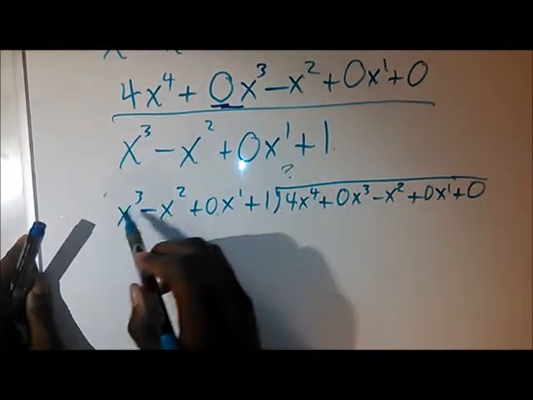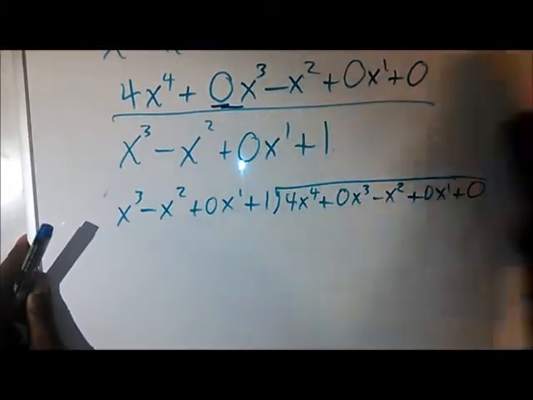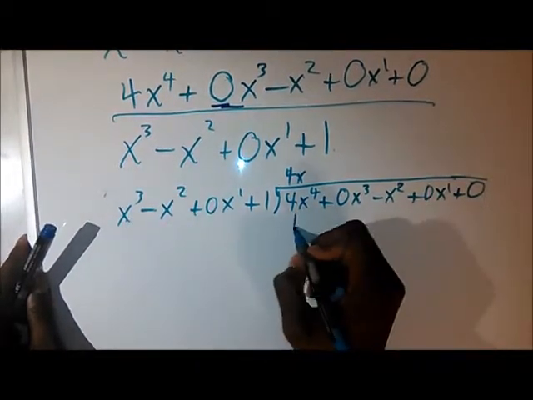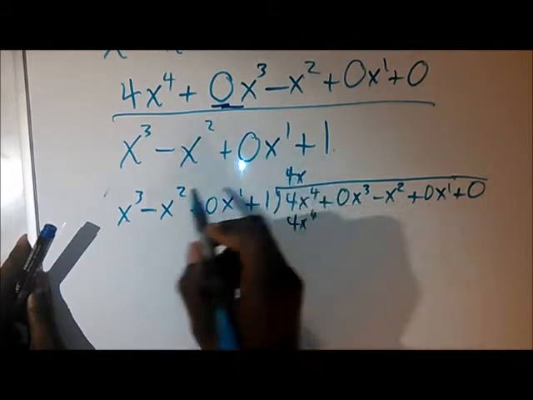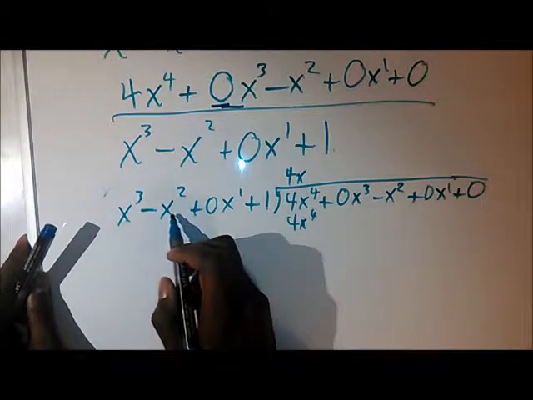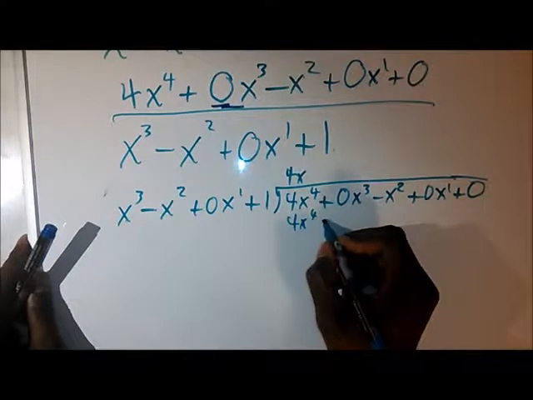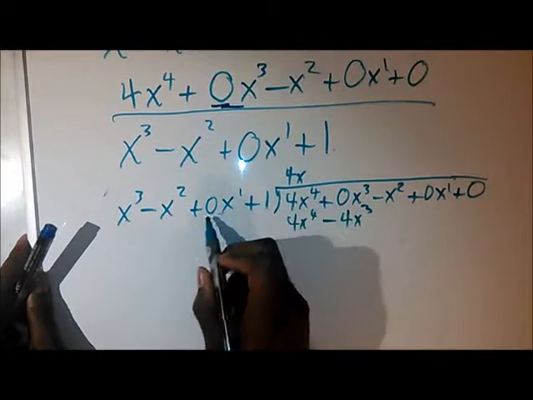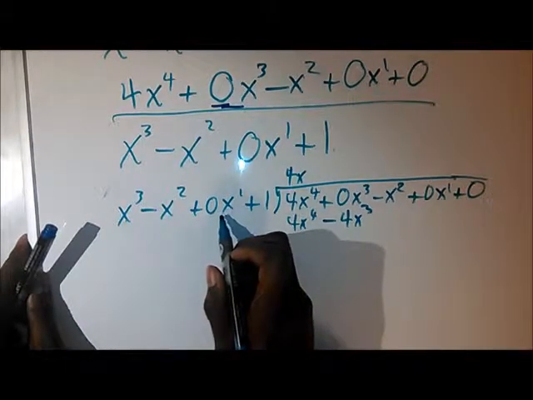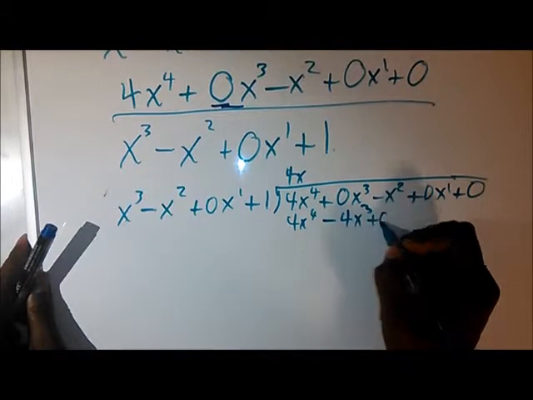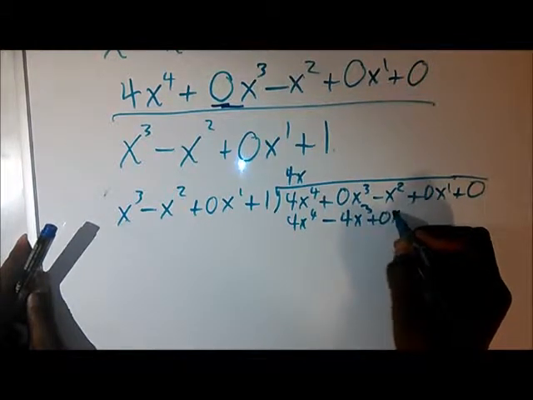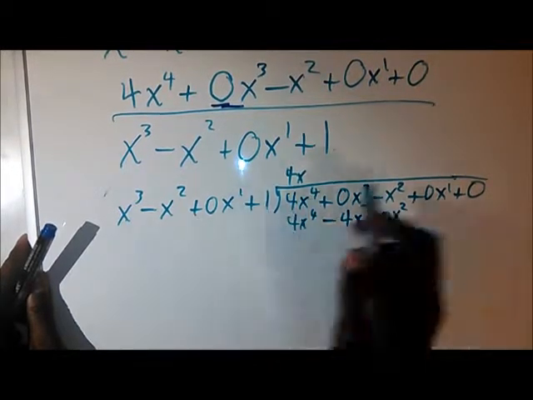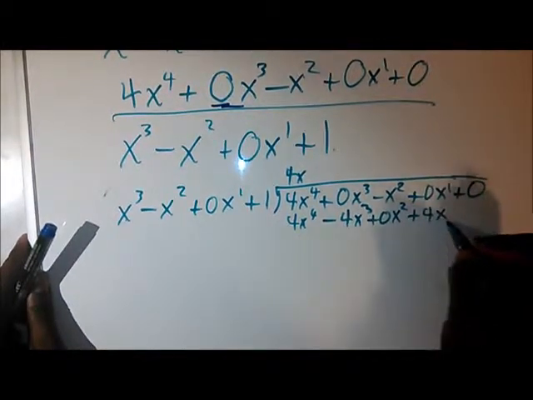What times x cubed equals 4x to the 4th? 4x. 4x times x cubed is 4x to the 4th power. 4x times negative x squared is negative 4x cubed. 4x times 0x to the 1 power is plus 0x to the 2nd power. And 4x times 1 is positive 4x.